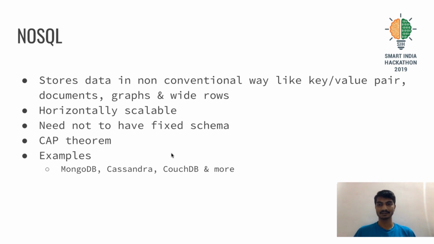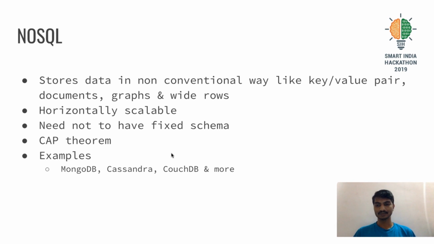I can have availability and partition tolerance, or consistency and partition tolerance. And nowadays modern databases like CockroachDB support the flexibility of configuring what kind of parameters I want from the CAP theorem, and I can define my database.